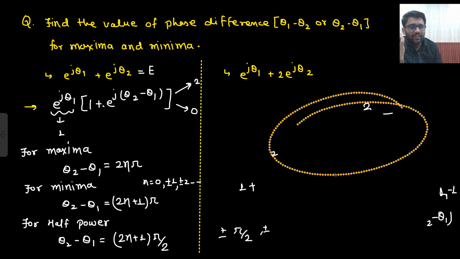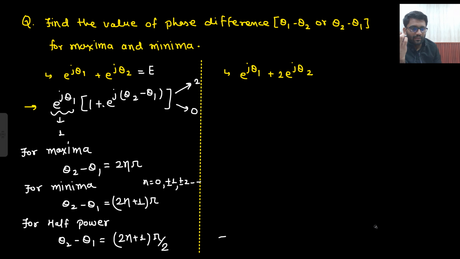If you see any expression like this, then you should be able to tell where will be maxima, where will be minima. So now if you see an expression like this, what do you do? When we study about antennas, at that time I am not going to bring this e to the power j theta outward. What I am going to do is directly calculate the phase difference and then write down these things.